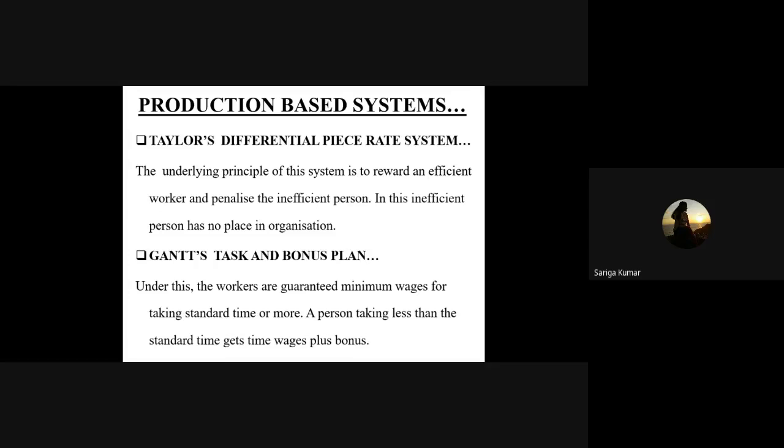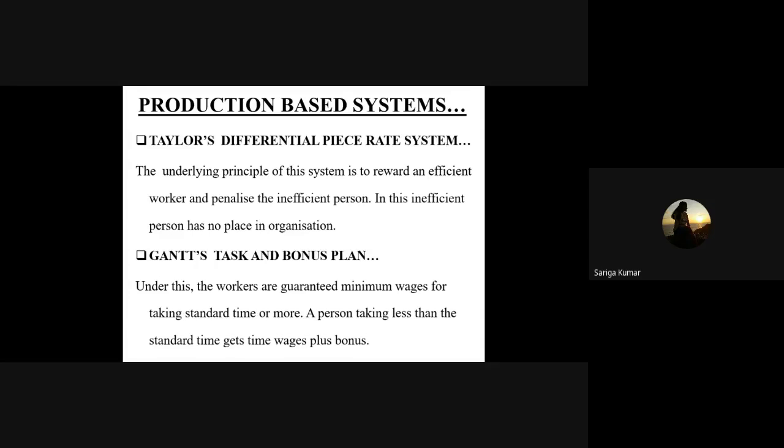And sometimes they say that if he is inefficient, he may no longer be in the organization. This is purely about efficiency: less time, more output that any employee has to give to the organization. So input should be less and output should be more.